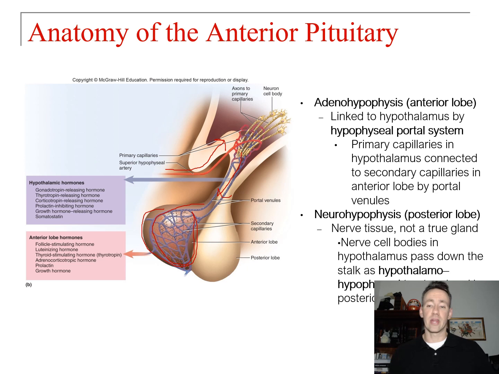So that's called the hypothalamo-hypophyseal system. So what happens is that'll actually be a spot where the hormones are stored, not produced. So usually the cell bodies in the hypothalamus will make that hormone and then transport it into the posterior pituitary to be stored and wait for a signal to be released.